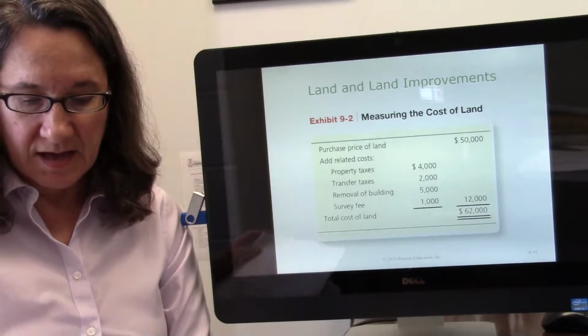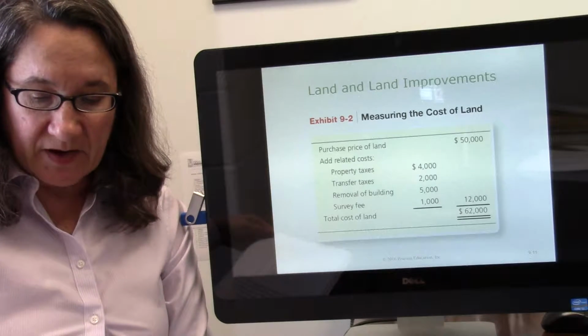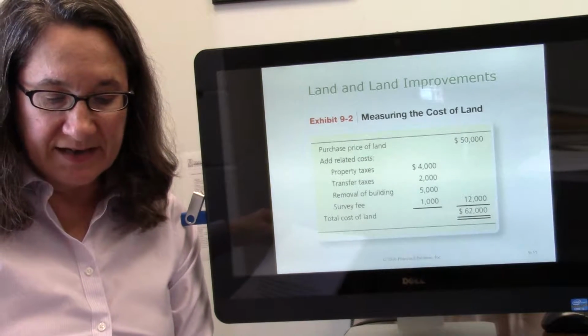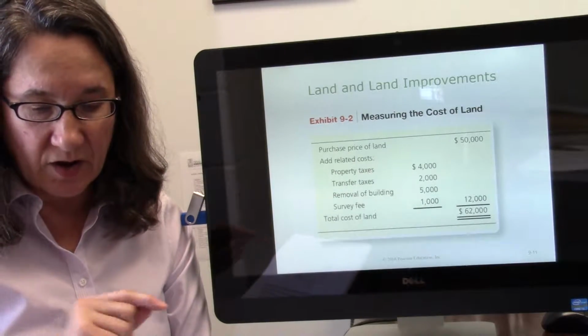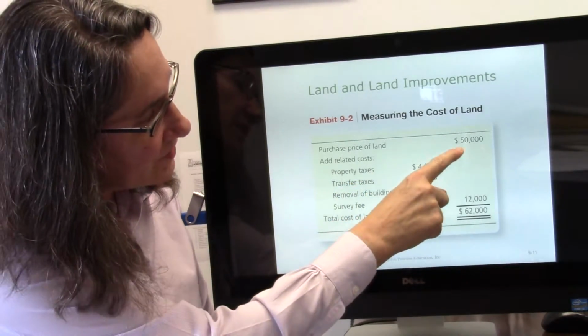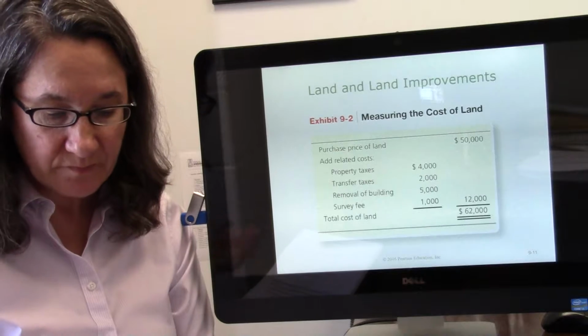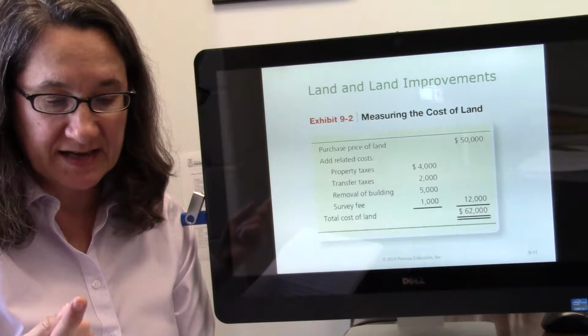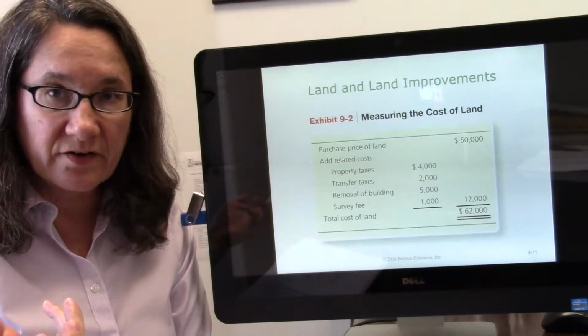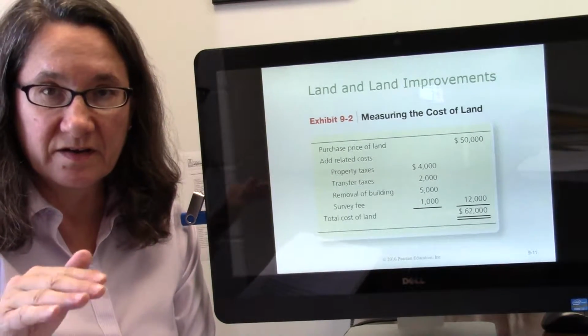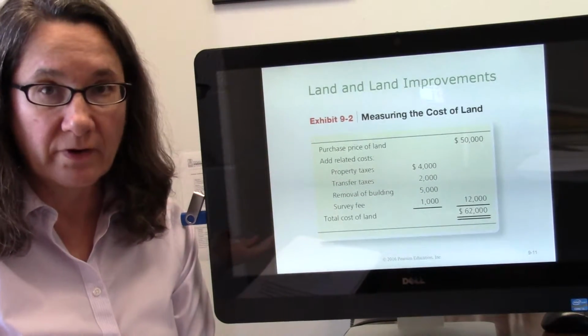Alright. As you can see from the computation in Exhibit 9.2 on page 476, the cost of the land not only includes the acquisition cost of $50,000, but the property taxes to bring the taxes current. You know, you can't transfer a title of land without the taxes being current. The county just won't record the transfer.